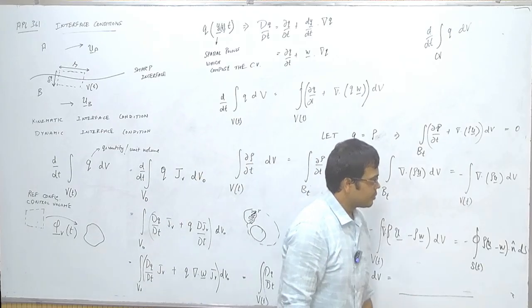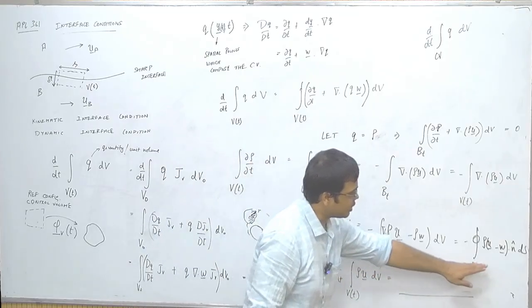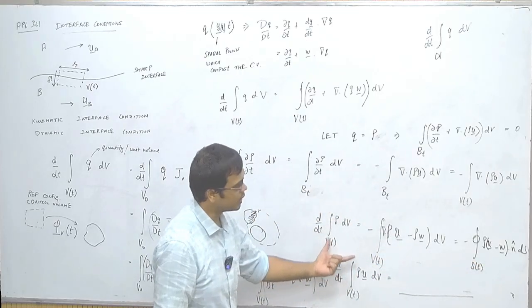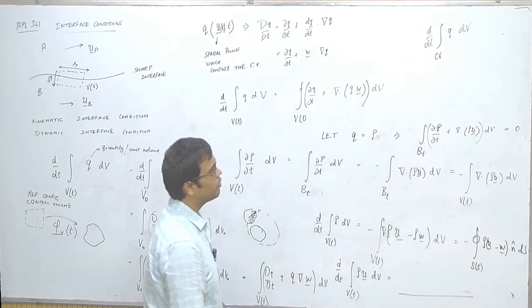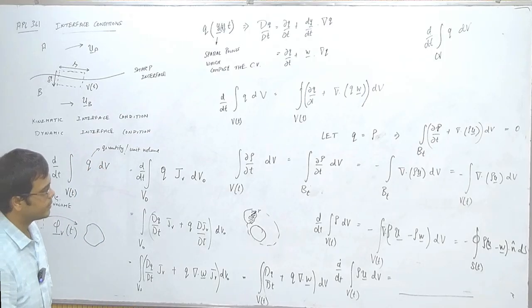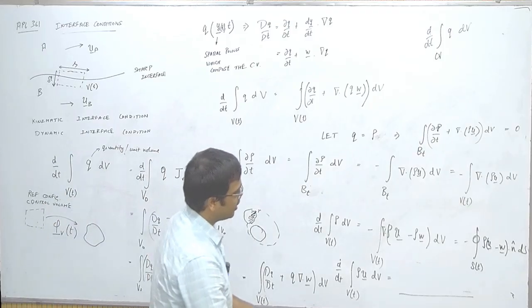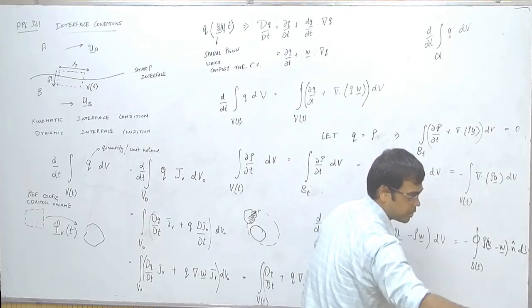So this is how you get the rate of change of a quantity in an arbitrarily varying control volume, moving or deforming. This derivation is actually asked for you as a first problem in the practice sheet.